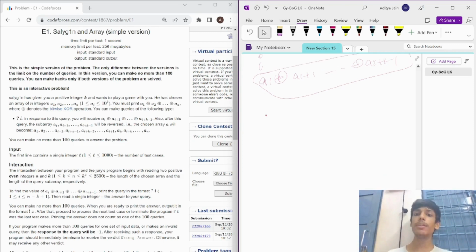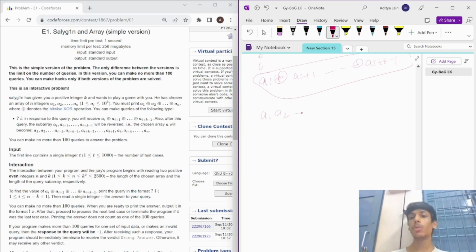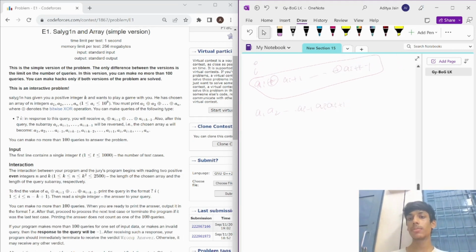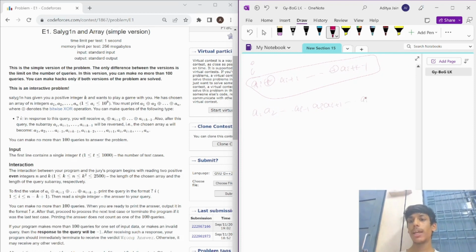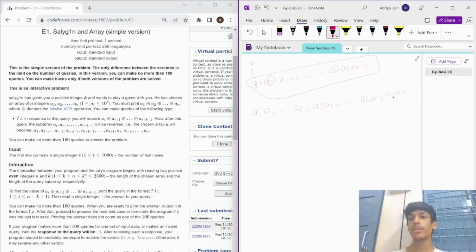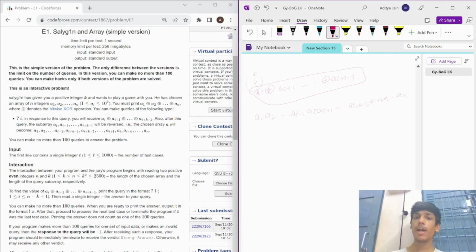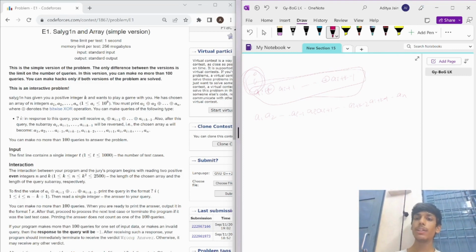For example, if the initial array was a1, a2, ai minus 1, ai plus 1, ai plus k minus 2, ai plus k minus 1 and up to an. After the query, when you entered the number I, you got this in response, and the array will become a1, a2 up to ai minus 1.